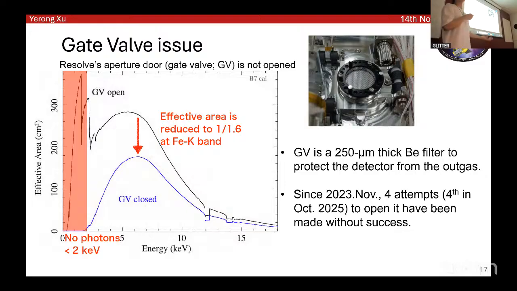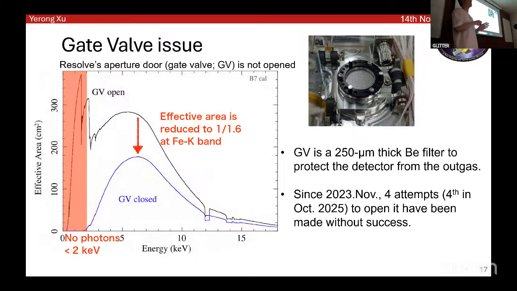It could not be successfully opened after launch. That reduced the effective area of Resolve by a factor of 1.6 in the iron K band, as this blue line shows, and we cannot collect any photons below 2 keV.